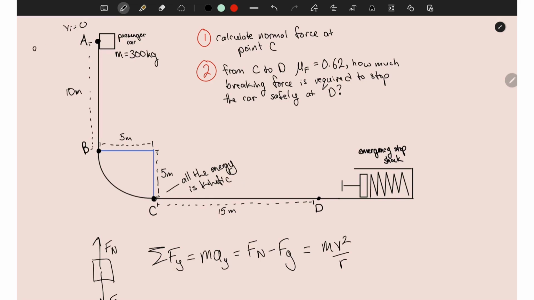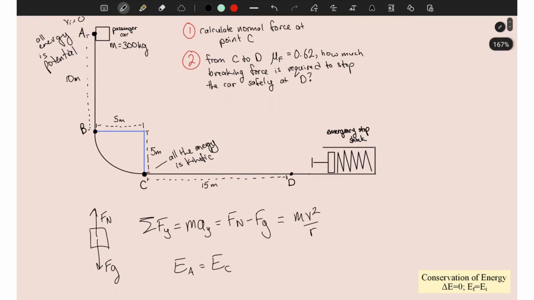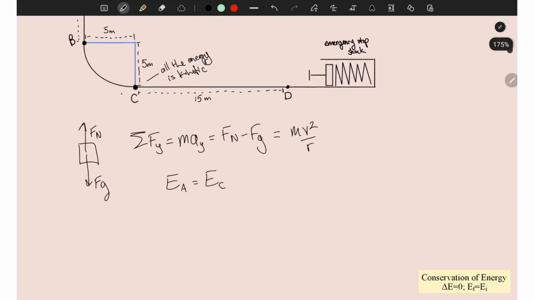At the top here, all energy is potential. So let's go back down. We can say our energy at point A is equal to the energy at point C. This is just conservation of energy. Initial energy equals final energy, but I'm considering point A up here to be our initial position, and point C to be our final position.